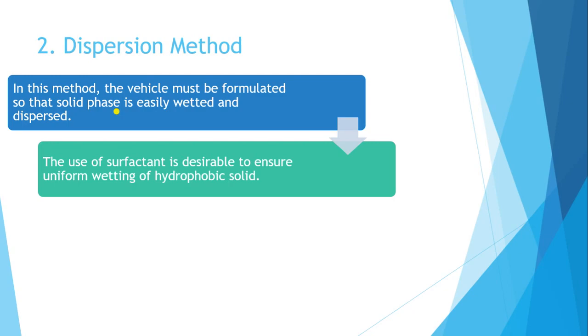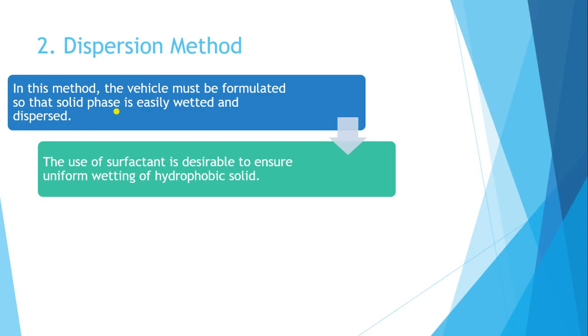We should select a proper surface active agent for uniform wetting of the solid particles. Some solid particles are hydrophobic. There are two terms, hydrophilic and hydrophobic. Hydrophilic means solvent loving, and hydrophobic means solvent hating.